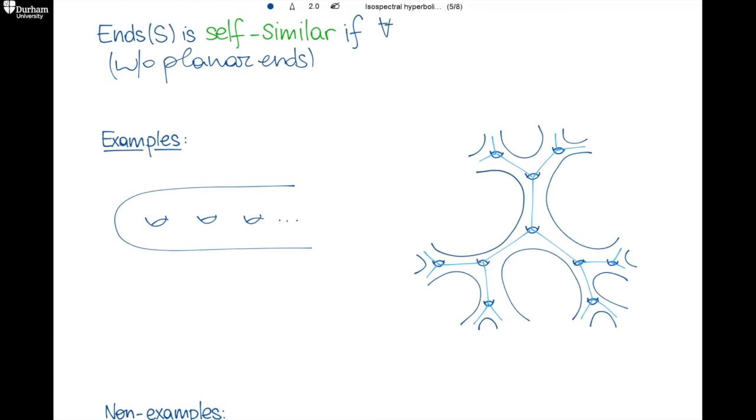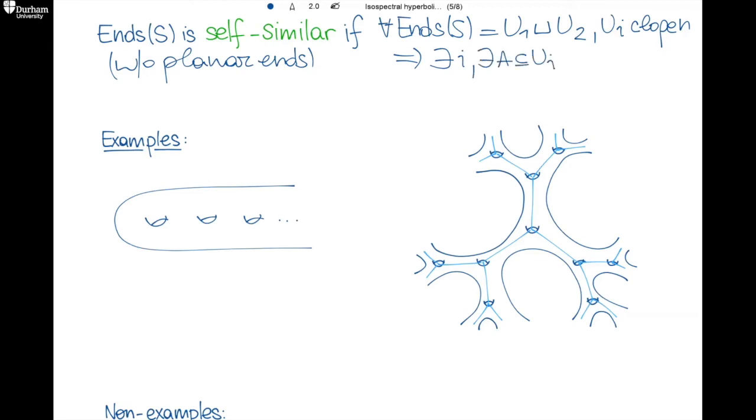So it's telling me that every time I can write my end space as a union of two disjoint sets, U1 and U2, which are both closed and open, then I can find a copy of the entire end space in at least one of the two. So there exists i, and there exists an open subset A, which is homeomorphic to the full space.